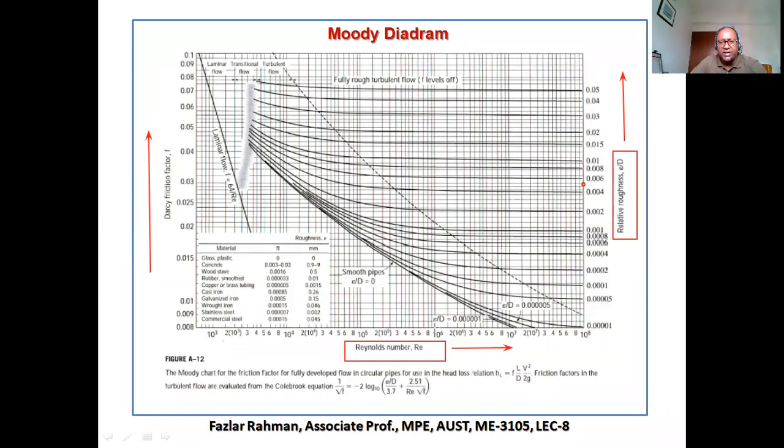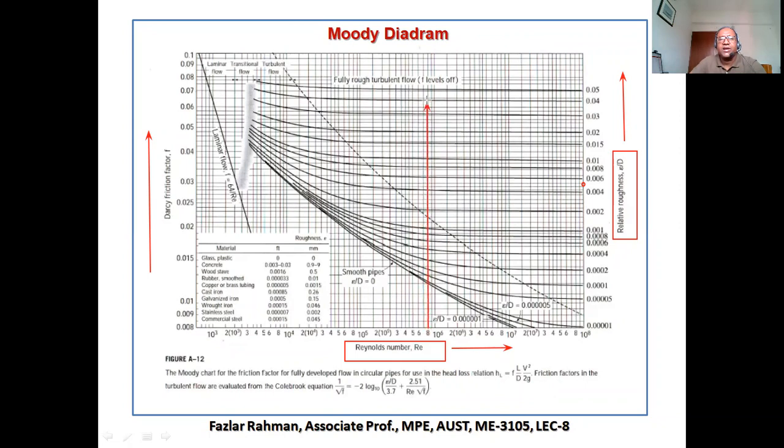Then right over here, it becomes 10 to the power 6. Say in a particular situation, you got 10 to the power 6, or say you got 8 into 10 to the power 5.